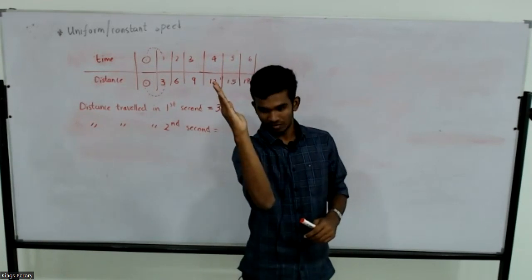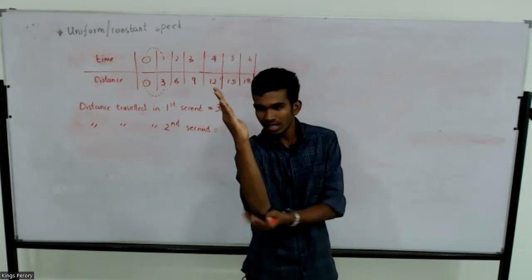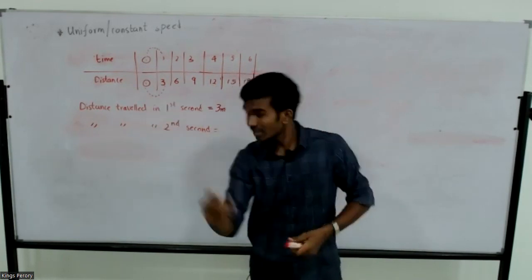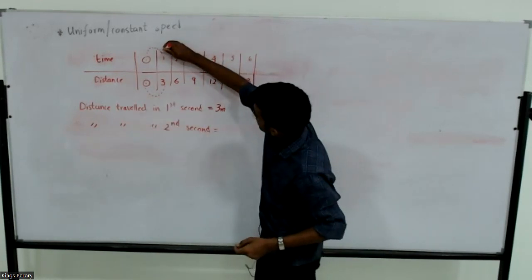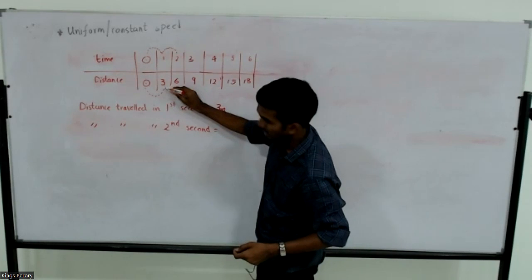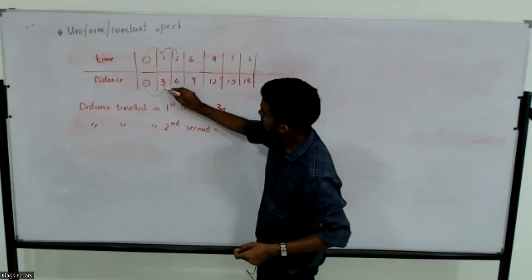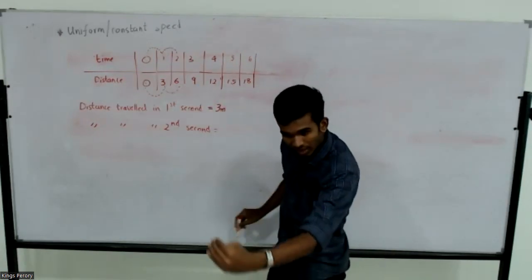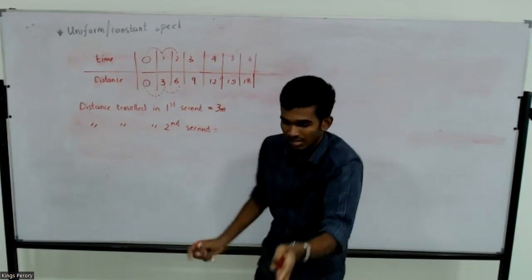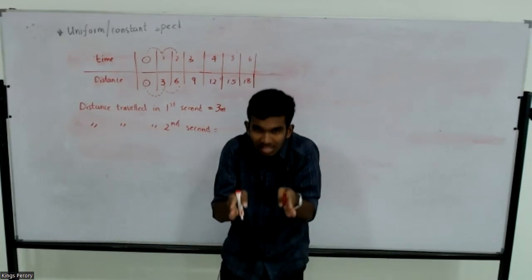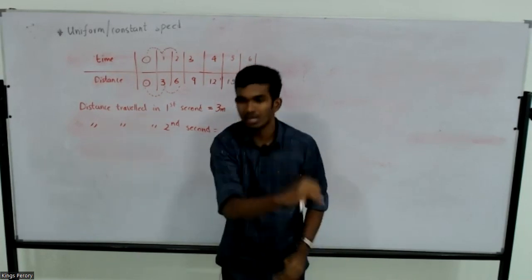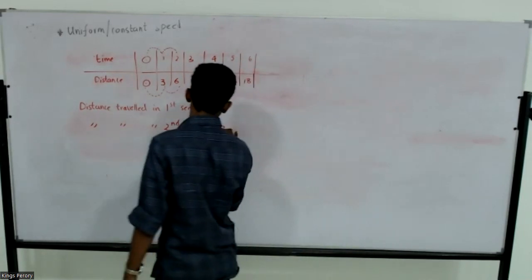At the second second, how much distance traveled? From 3 meters to 6 meters. Then what is the distance it has traveled in the second second? 3 meters.